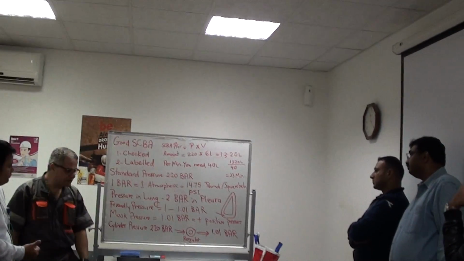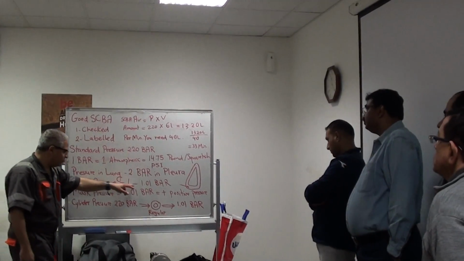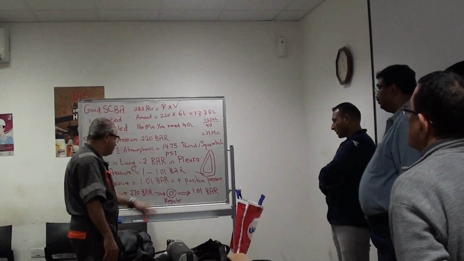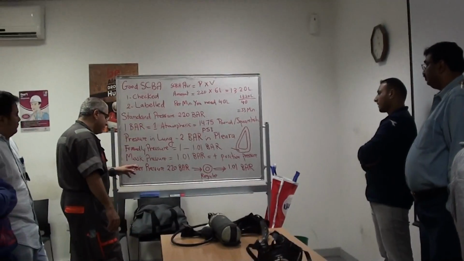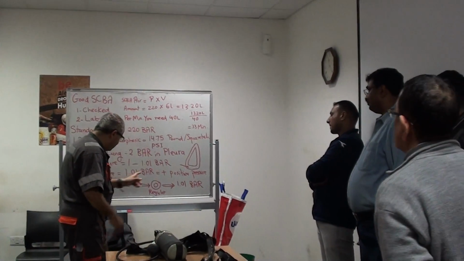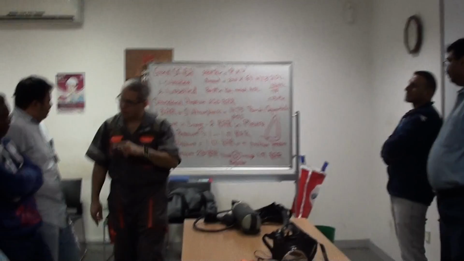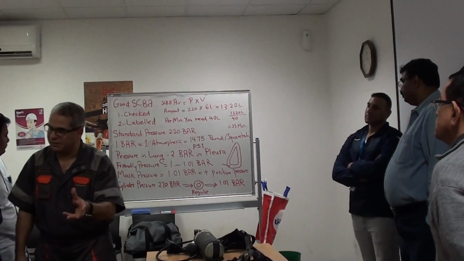Friendly pressure is 1.01 bar. Mask pressure is 1.01 bar. Because of the extra 0.01, it is called positive pressure.